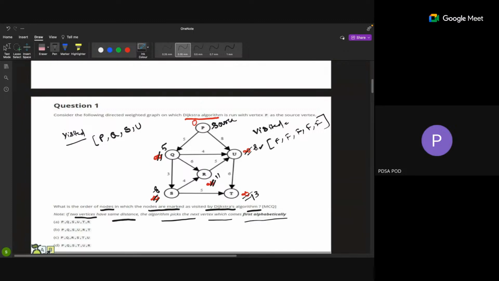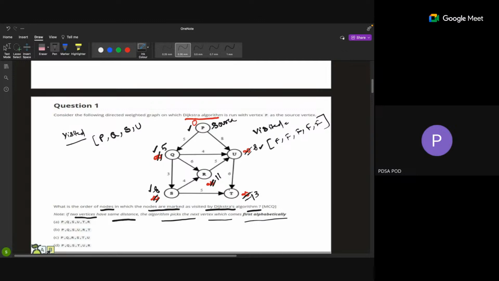After P, Q, S and U are over, then R and T remain. R has two ways, 5 plus 6, which is 11, and 8 plus 4, which is 12, but 11 is going to be updated because it's the shortest way to reach R from P. Similarly, to reach T, there is 8 plus 6, which is 14, and 8 plus 5, which is 13. 13 is taken as the final value.